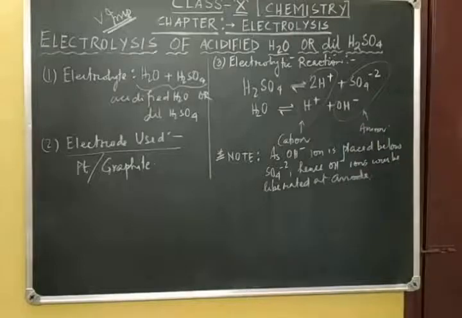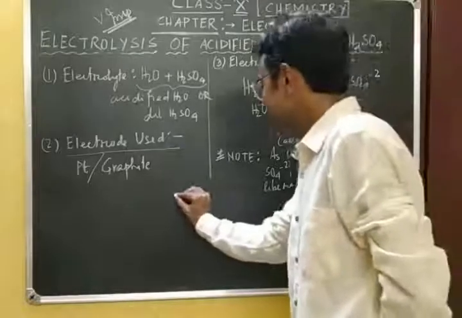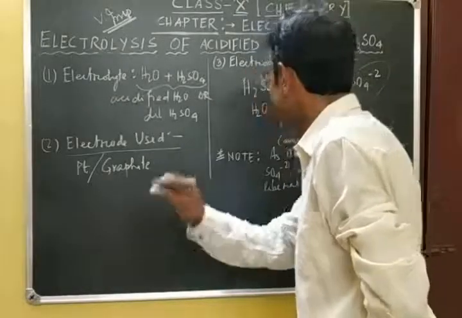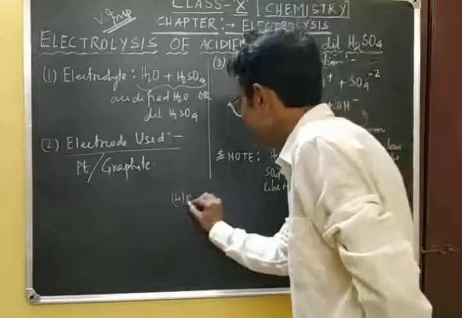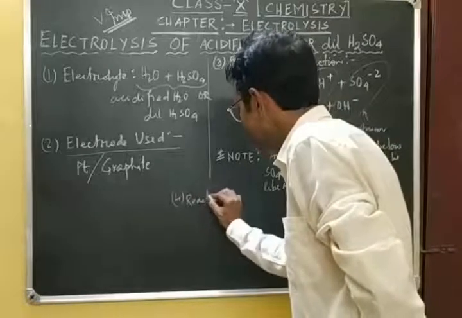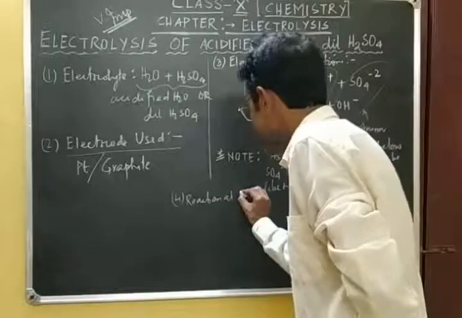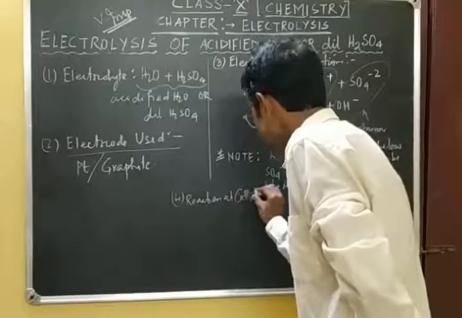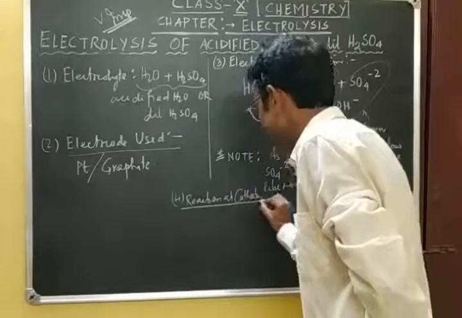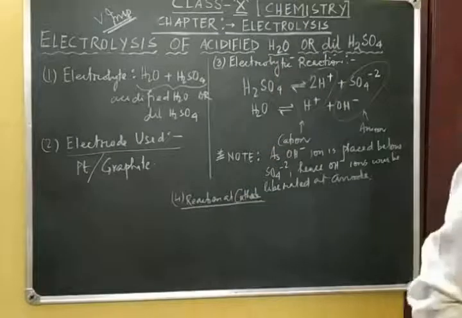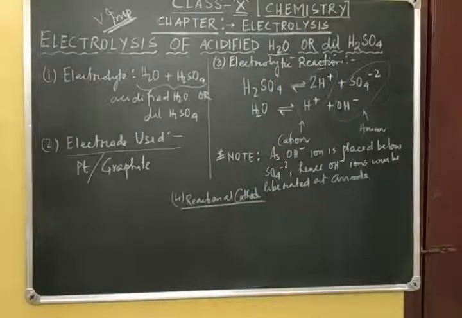So I will be writing number 4, reaction taking place at cathode. So next is reaction at cathode. This will be your heading. Which one will be liberated at the cathode? Hydrogen will be liberated at the cathode.